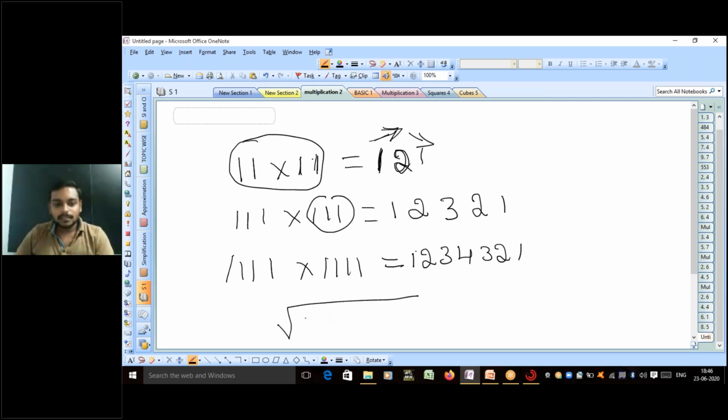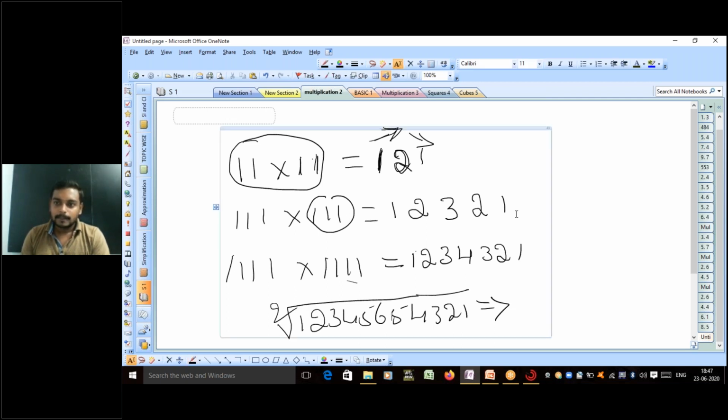Then what is the square root of 1 2 3 4 5 6 5 4 3 2 1? Once they have asked this in the SSC examination, CHSL.